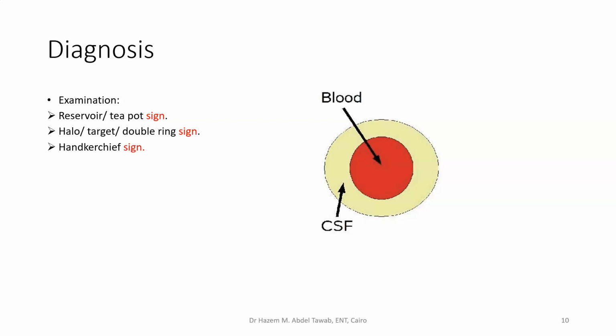But going to the CSF, if that patient has a runny nose and he's trying to dry it or wipe it with the handkerchief, this handkerchief will never become stiff. This is because there is no mucin, there are no mucoid secretions in the CSF. So if you see the handkerchief all the time is wet, it's not stiff, it means that this is mostly a CSF leak. This is again very important if you are going to examine and listen to the history of your patient.